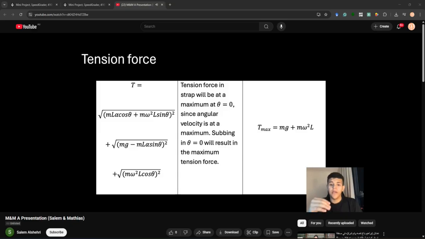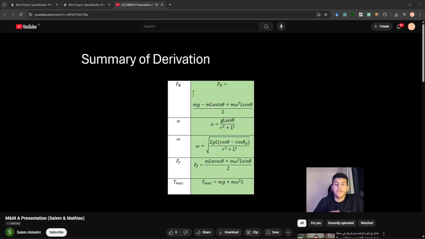That's why the maximum tension is the sum of mg and m omega squared r. And here in this slide you can see the final equations we derived. Each comes from applying Newton's law in different directions, or from energy conservation. We use these to calculate the pipe motion and the strap forces under any given angle.